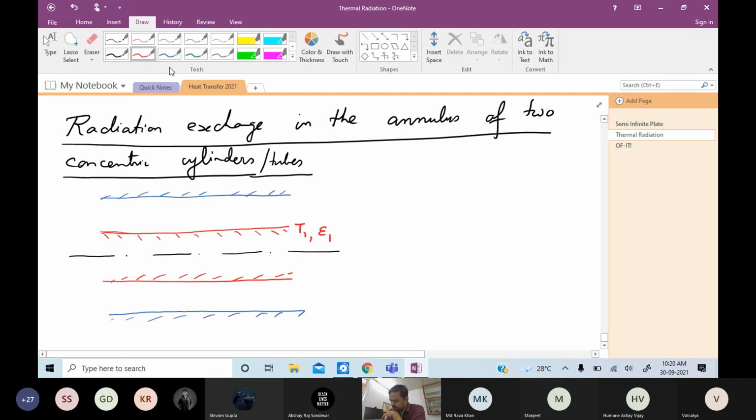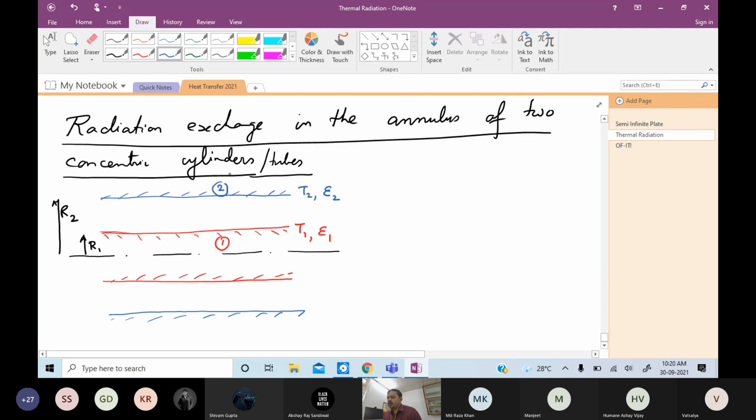Outer tube, T2, epsilon 2. Okay. Let us say that this is radius R1, and this is radius R2. Definitely this is surface 1, and this is surface 2.